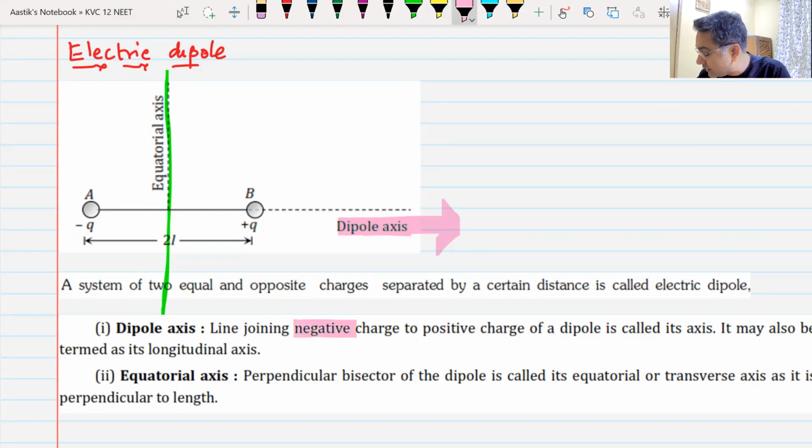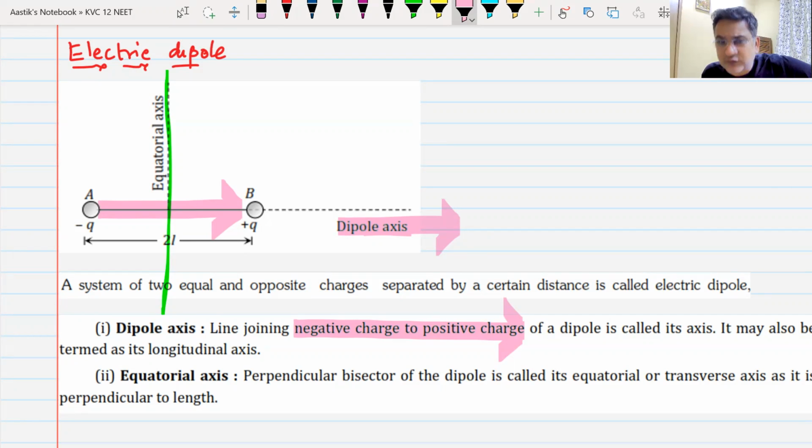Why is it said negative to positive, when a line joining them also joins positive to negative? Because the dipole axis has a direction, and remember, the direction of this dipole axis is from negative charge to the positive charge.